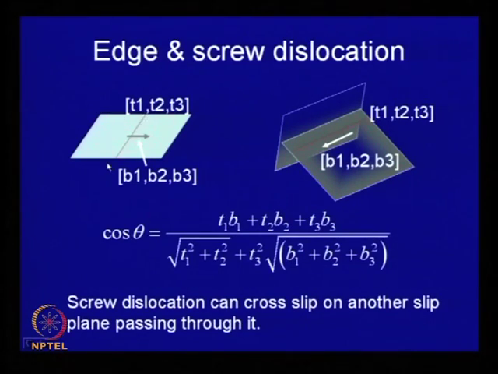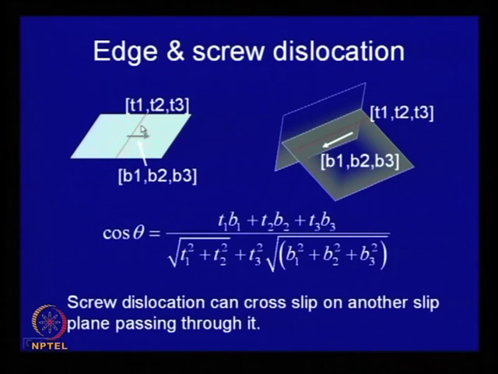So, this is a line which separates the part that has slipped from the part yet to slip, this is the Burgers vector, and any dislocation will move perpendicular, its movement direction will be perpendicular to the dislocation line, and this is the slip vector. In that case, here this is the dislocation line, this is the slip vector, and the angle between this and this is 90.